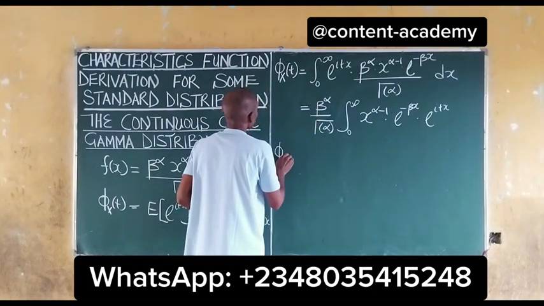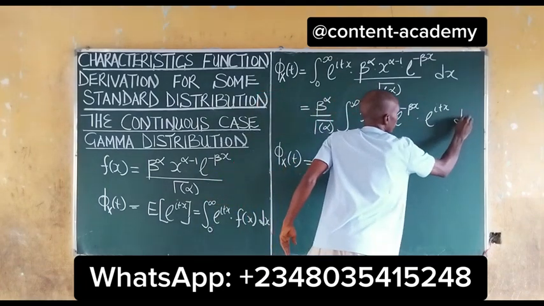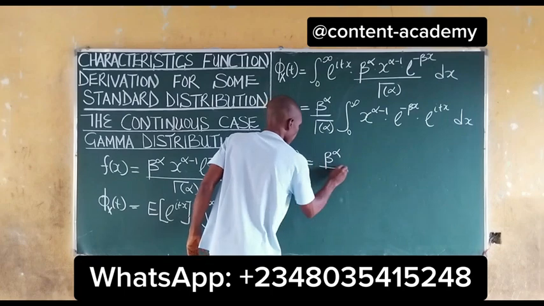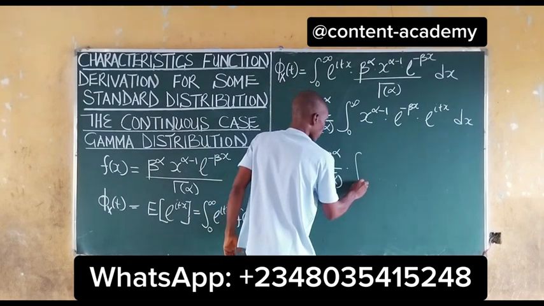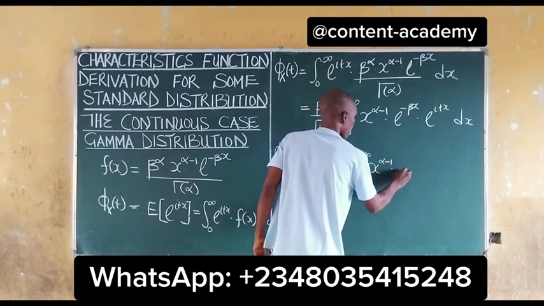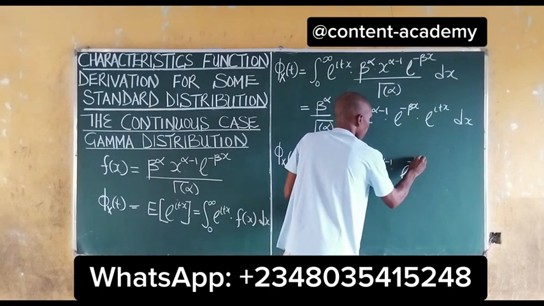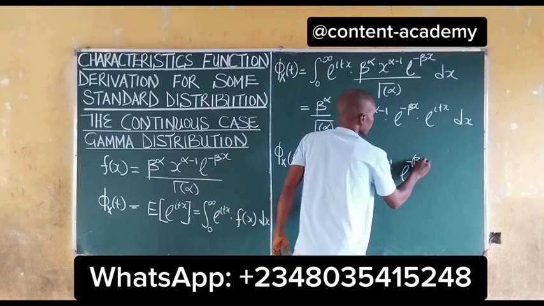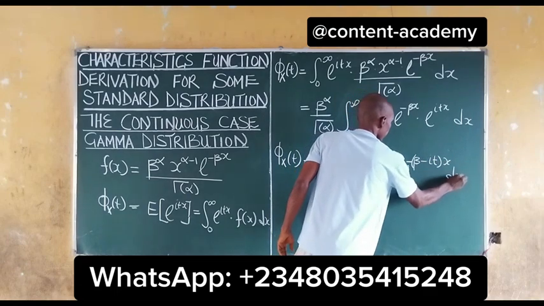So we have our characteristic function to be beta to the alpha over the gamma function of alpha, multiplied by the integral of x to the alpha minus 1 multiplied by exponential negative, okay, we can bring that x out because x is common, so we have minus (beta minus it) x dx.